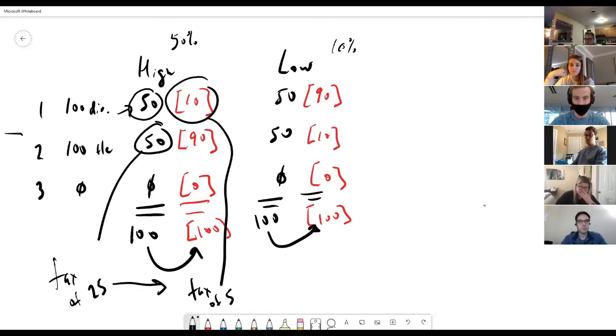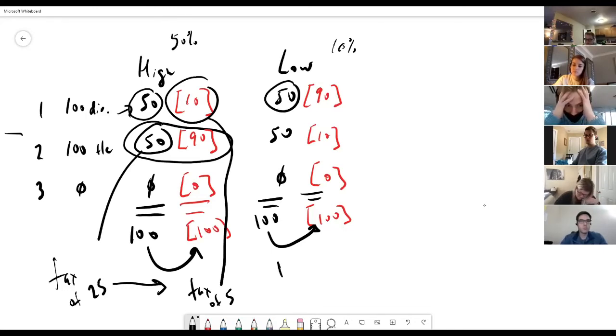Remember, this is not taxable. Low bracket is going from tax of 5, 10% on 50, to tax of 9, 10% of 90.